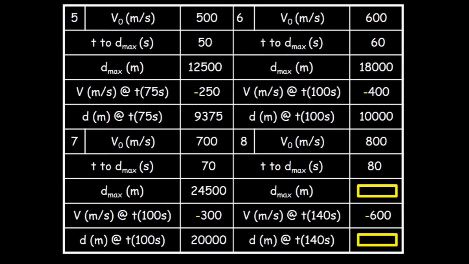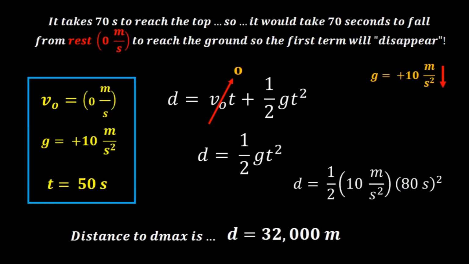Now, to get the d max, we can say, well, if it falls 80 seconds from rest and acquires a velocity of 800 meters per second, how far will it fall?